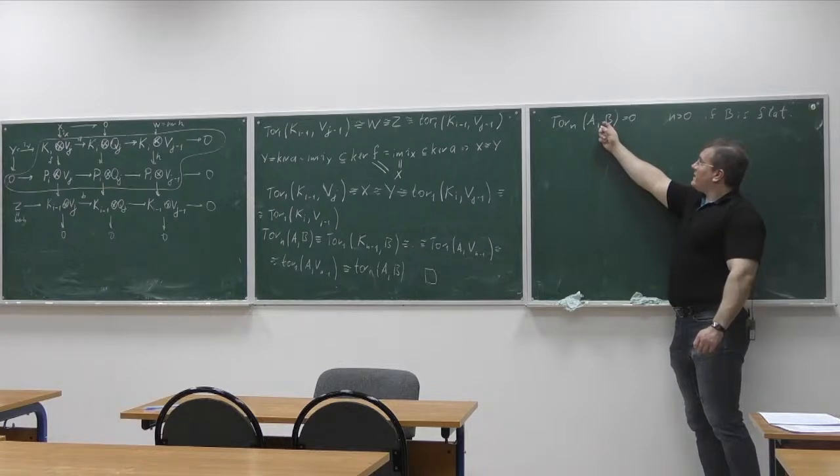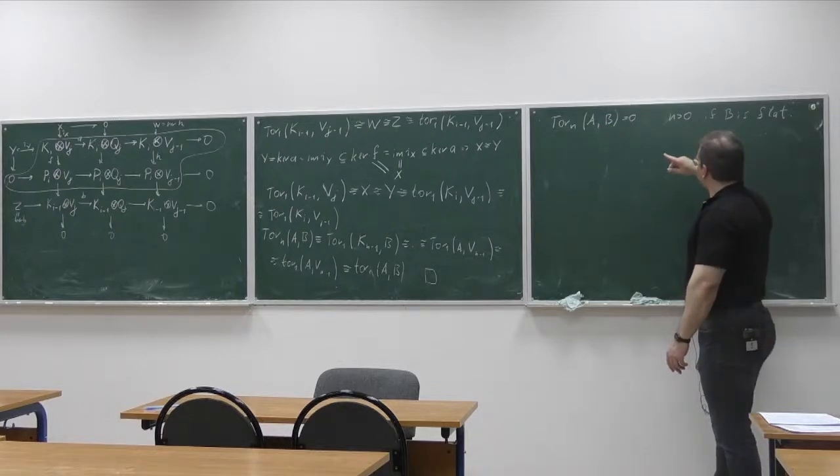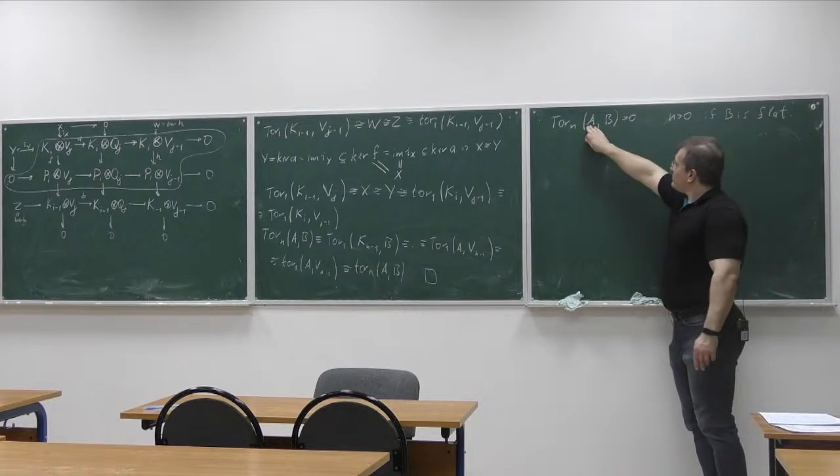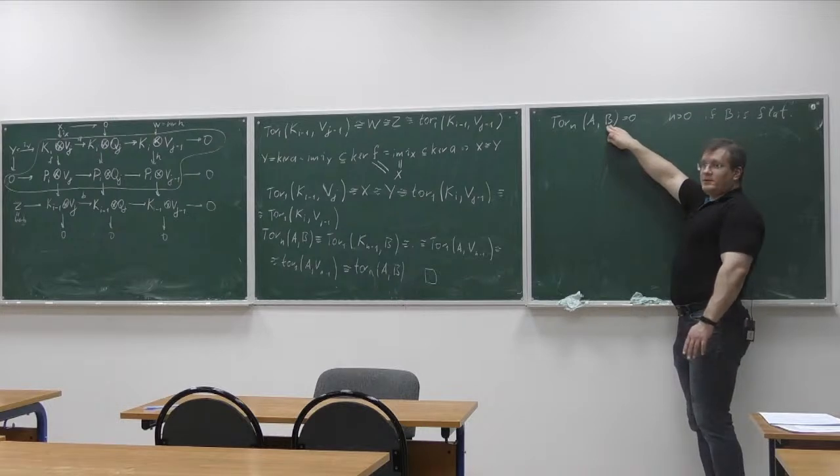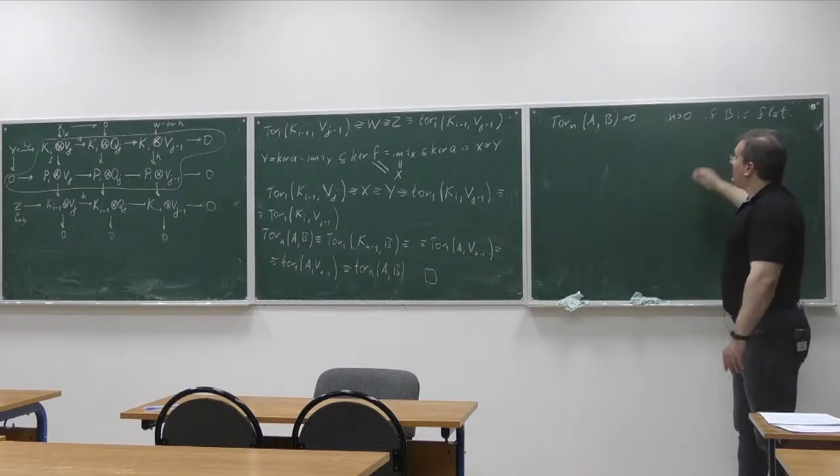do the other thing. I can resolve the first argument, and if I resolve the first argument, the tensor product with B is just an exact functor, and an exact functor doesn't give me any new homology, so homology will be trivial for n greater than 0.